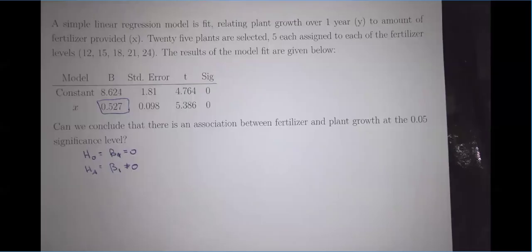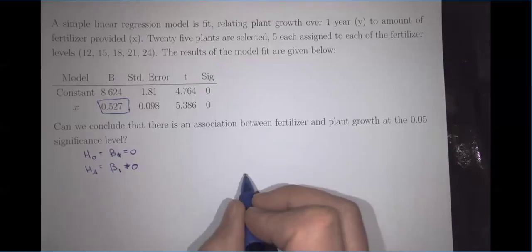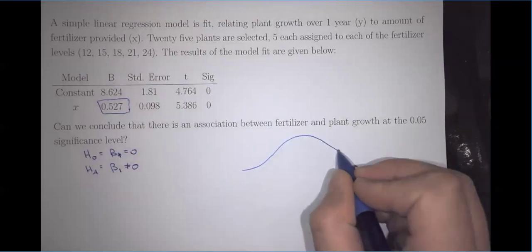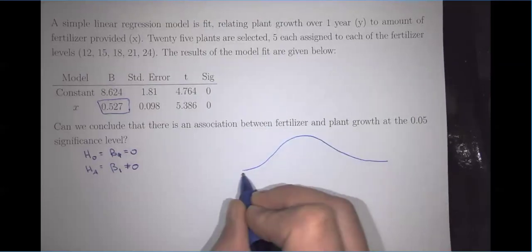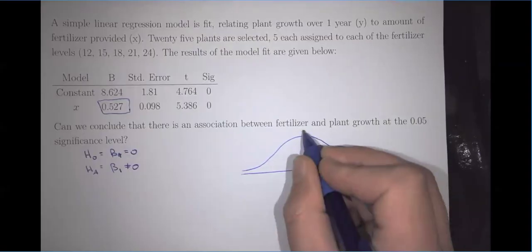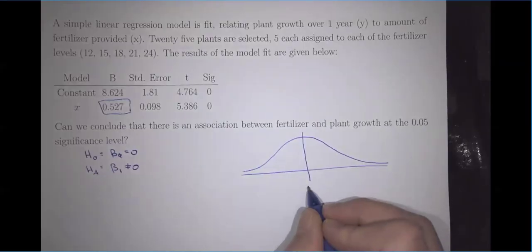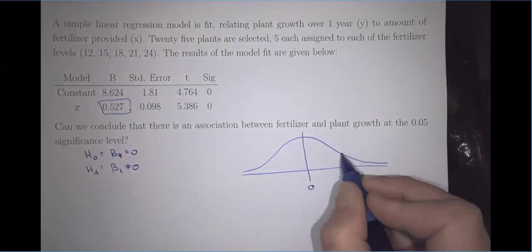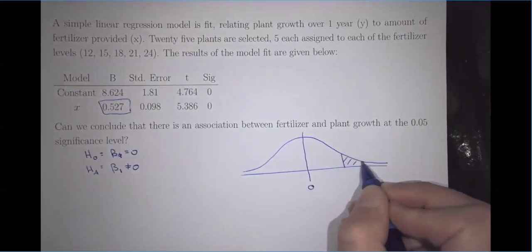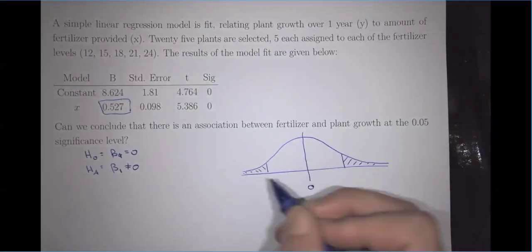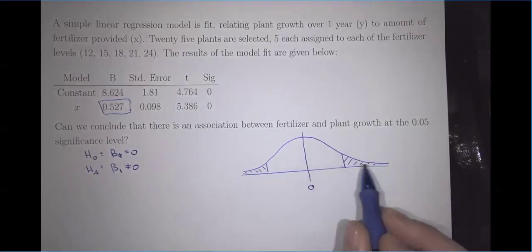Well, if this data is normally distributed, then we would have some sort of model like this. We would have some sort of cutoff value where 5% of the data was in these two tails.